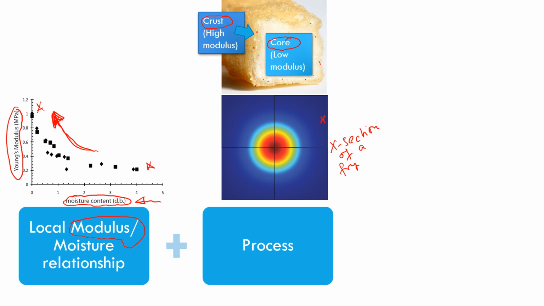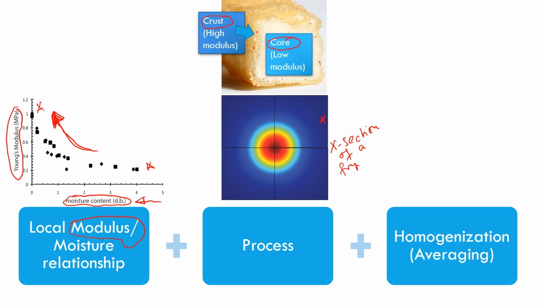And now what we need to do is get some sort of an average, because when we bite into it, we're not really trying to get the local modulus, but the overall. So it's kind of an average. This averaging process in solid mechanics is called homogenization. Let's see how we do that using this cross section of French fry.